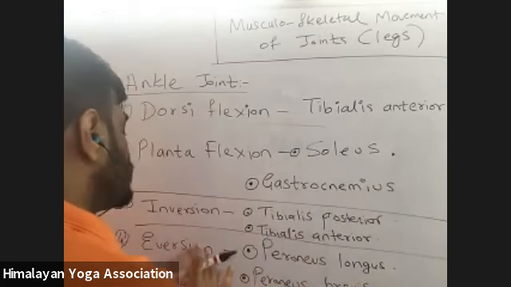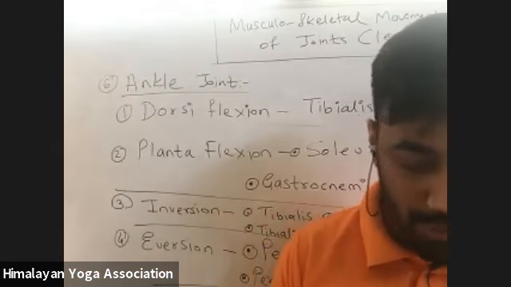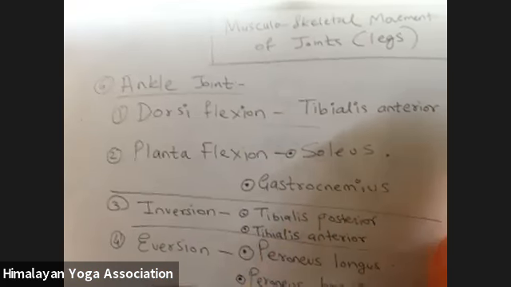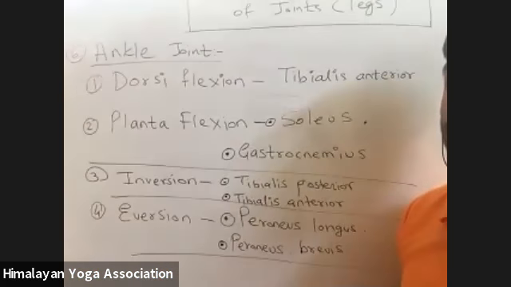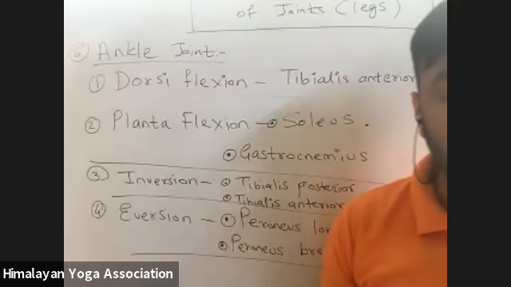These are the four simple movements of our ankle joint: dorsiflexion, plantar flexion, inversion, and eversion.